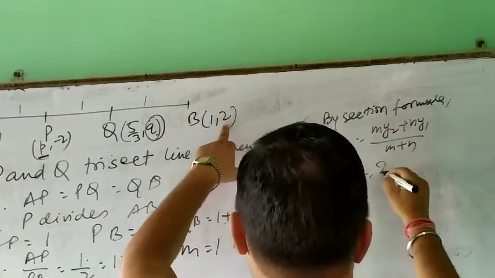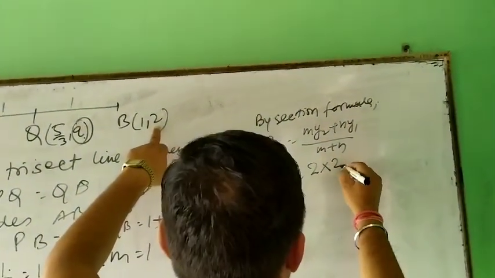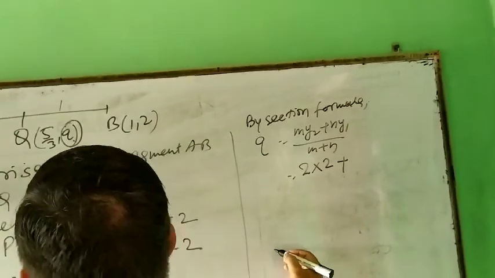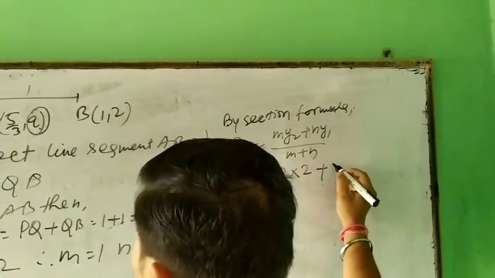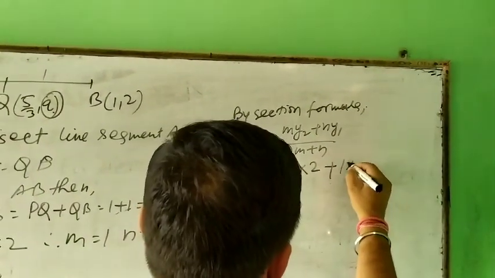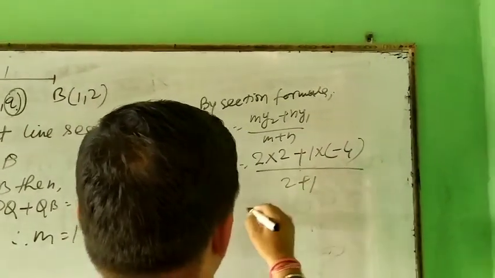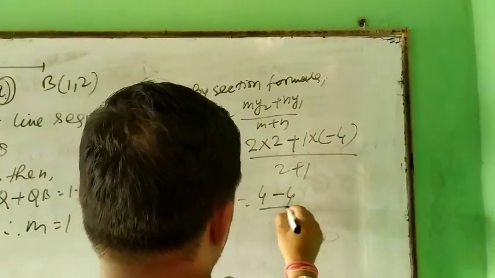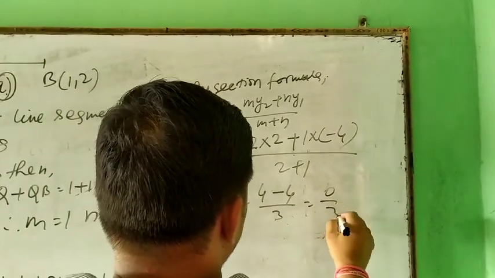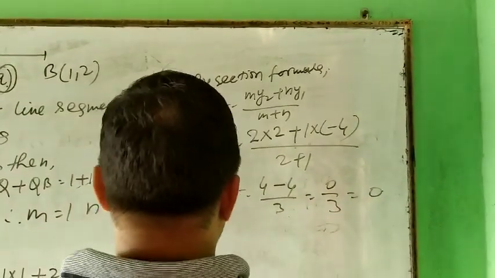So m equals 2, y2 equals 2, plus y1 equals -4, and 1 into -4, by 2 plus 1. That means 4 minus 4 by 3. That means 0 by 3. That means 0.